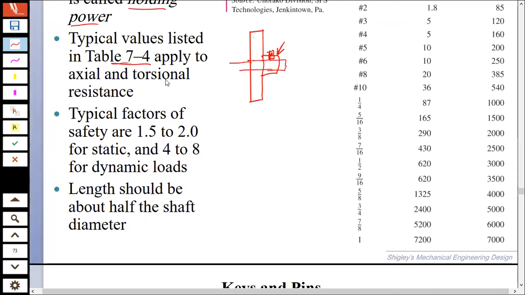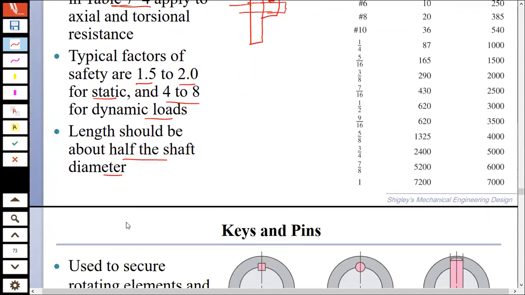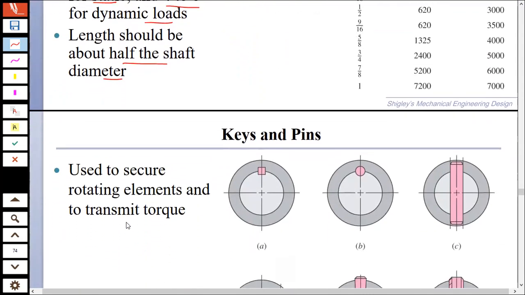The typical factor of safety that we incorporate when using these set screws is about 1.5 to 2 for static and 4 to 8 for dynamic loads. Length should be about half of the shaft diameter. So the length of these set screws should be about half of the shaft diameter. While using your set screws, you should keep that in mind.